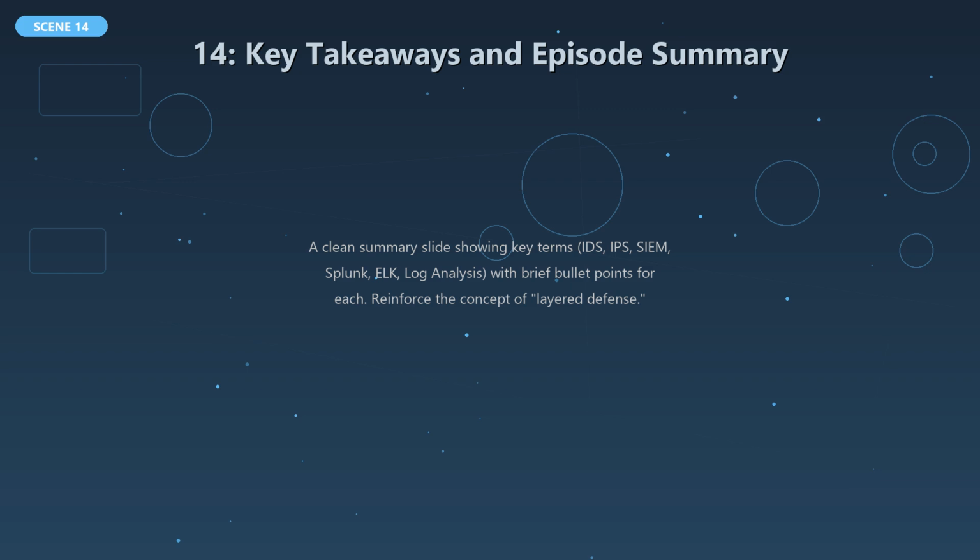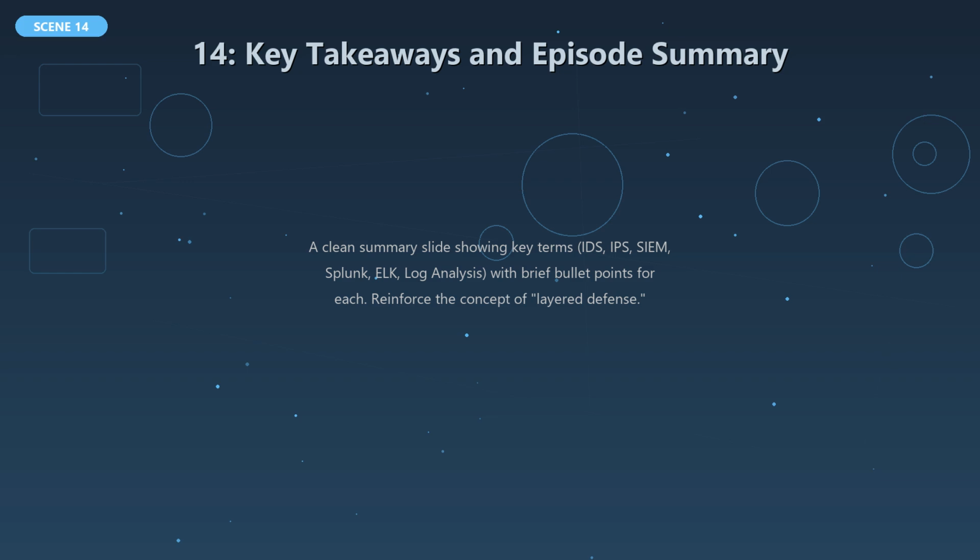Then, we delved into intrusion detection systems, IDS, which act as our network's silent observers, monitoring traffic and system activity for malicious patterns or policy violations and generating alerts. We learned about its two primary forms: signature-based IDS, effective for known threats by matching predefined patterns. Anomaly-based IDS, powerful for detecting zero-day attacks and insider threats by identifying deviations from normal behavior.